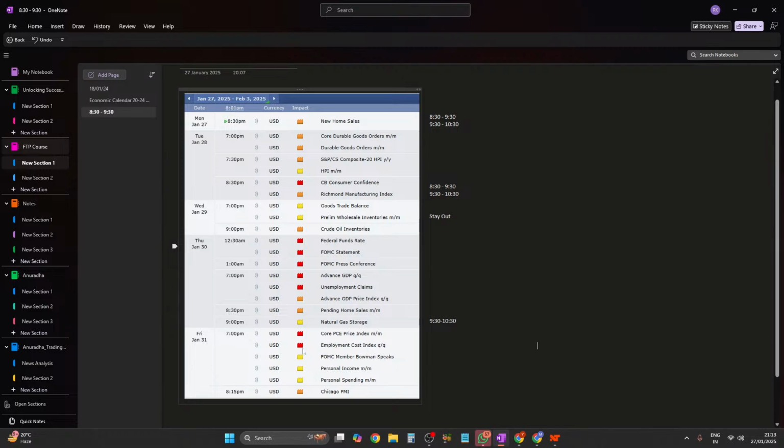And for Friday again, we have employment numbers, and 8:15 is Chicago PMI. So we have the same hours when we can be looking for a trade on Friday.